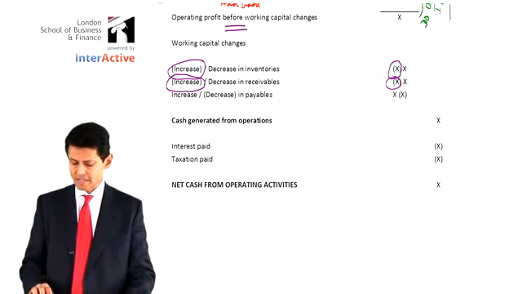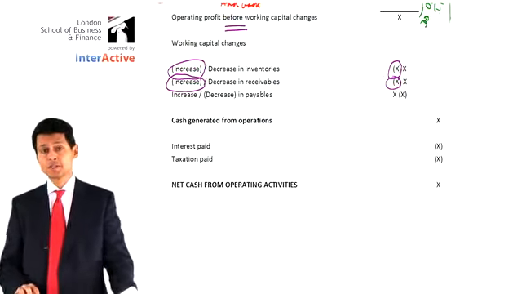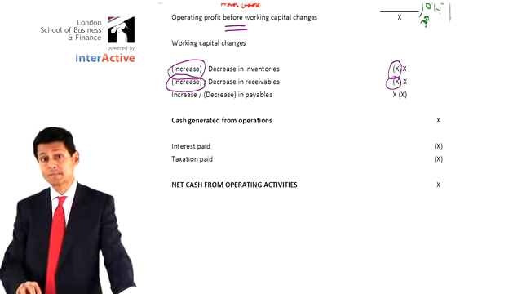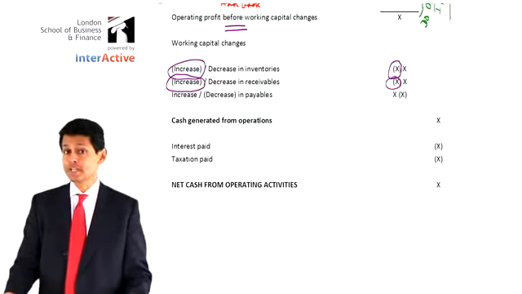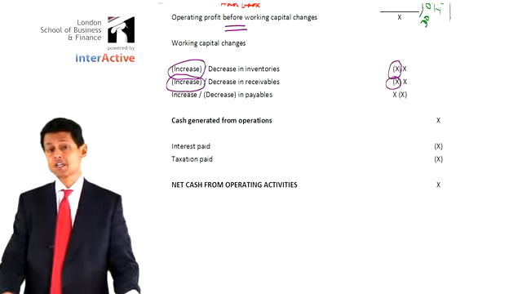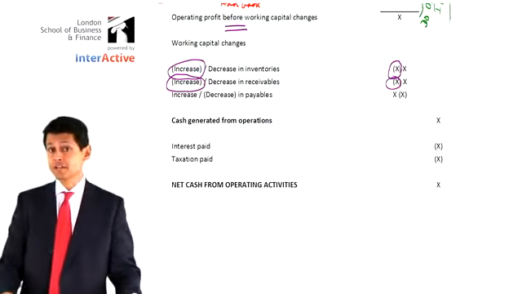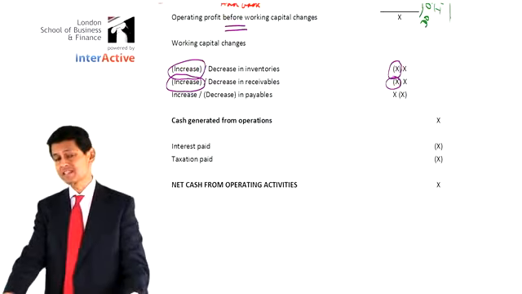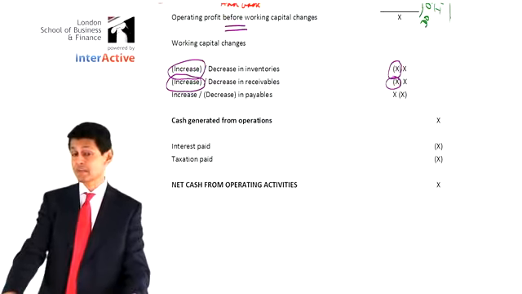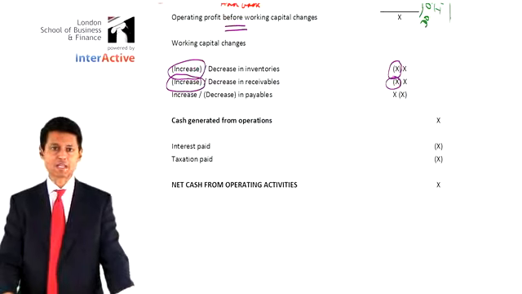Now, if there's an increase in trade receivables, you did not collect that amount of cash, 800 or whatever. I wonder what would happen if it had gone down. For the sake of argument, let's say it was 2,000 at the start of the year and 1,200 at the end of the year. It's actually slightly easier to see that this time the 800 has been converted from receivables into cash.